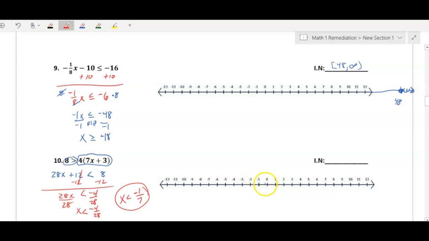It's actually going to be closer to 0, where we'd have an open dot at negative 1/7. We're going to shade to the left. That would give me interval notation of lower bound negative infinity, upper bound negative 1/7. We're not equal to, so it's a round bracket.